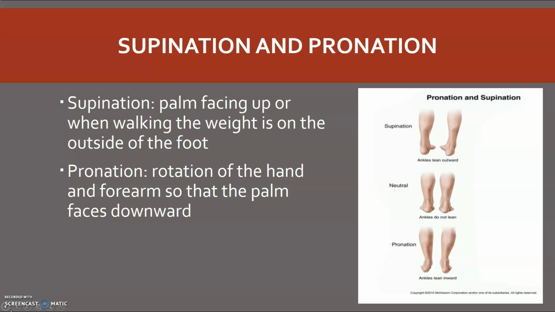Pronation is when the palm faces down. An example of pronation with the foot would be that the ankles lean inward. So most of the weight in pronation is going to be inward, versus most of the weight being on the outward side of the foot with supination.